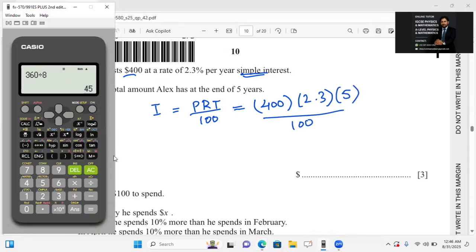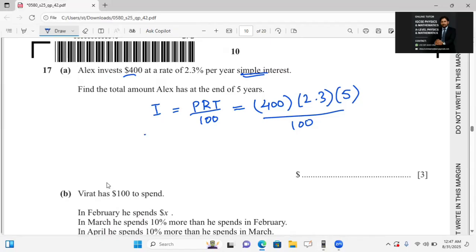Let's go for the calculation: 400 multiplied by 2.3 multiplied by 5 divided by 100. So it is equal to 46.